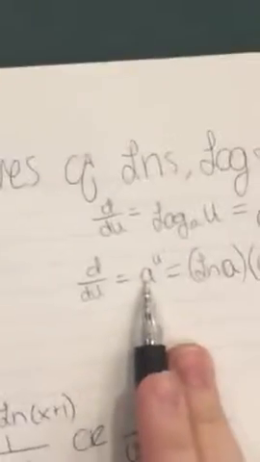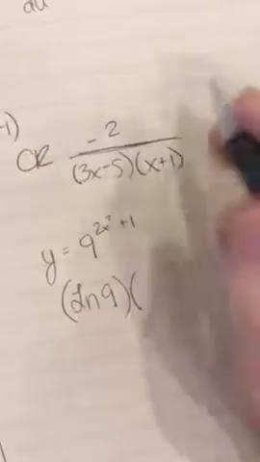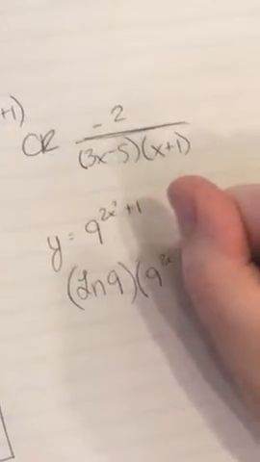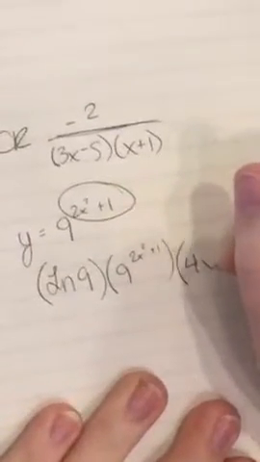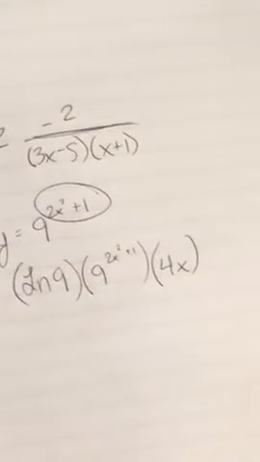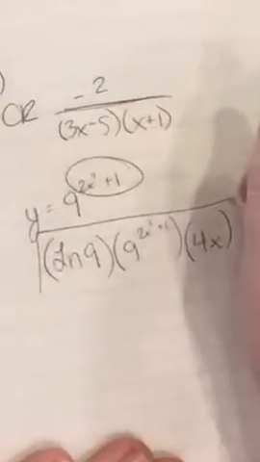The rule for taking the derivative of an a to the u function: you take the ln of a, the ln of your base, so the ln of 9, times the a to the u, so times your function itself, 9 to the 2x squared plus 1, times u prime, so times the derivative of your exponent, which in this case is 4x. And that is as simple as that one gets.